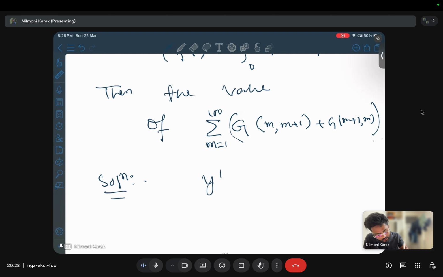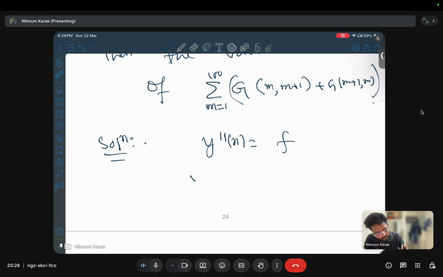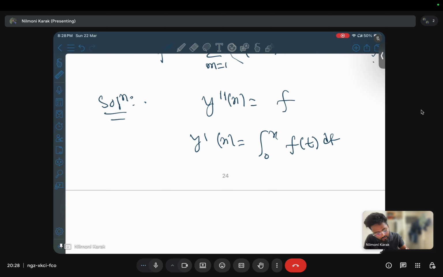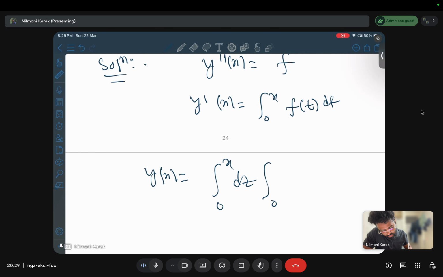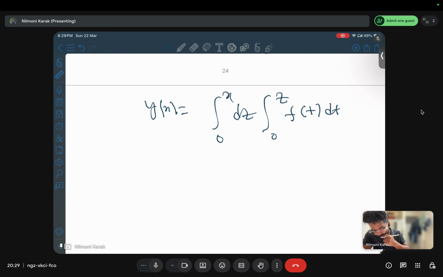So y double dash equals f, so y dash x equals the integral from 0 to x of f dt, and then y(x) equals the integral from 0 to x dz of the integral from 0 to z of f dt. This is simple.